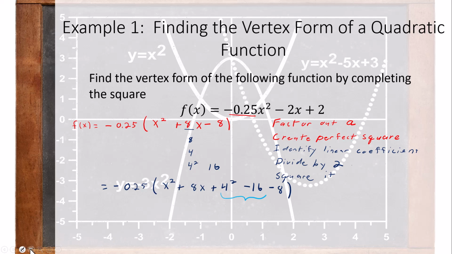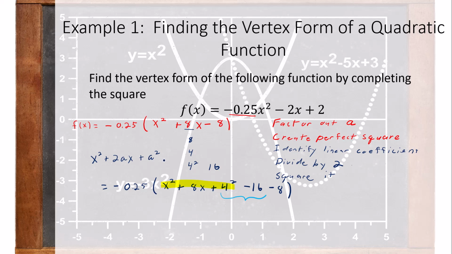Now also notice that this portion right here is a perfect square. It has the form x squared plus 2ax plus a squared, where a happens to be 4.